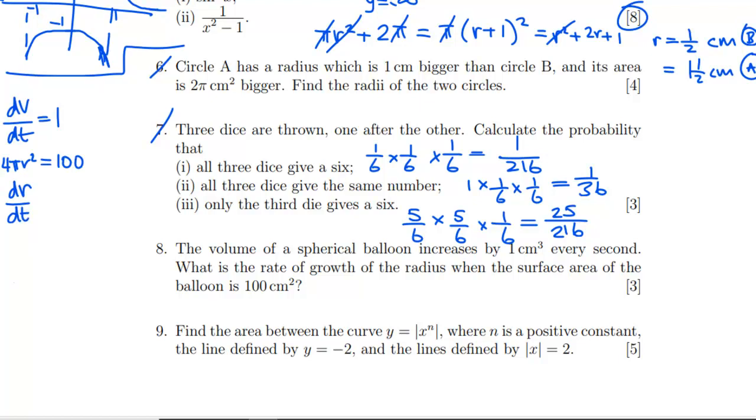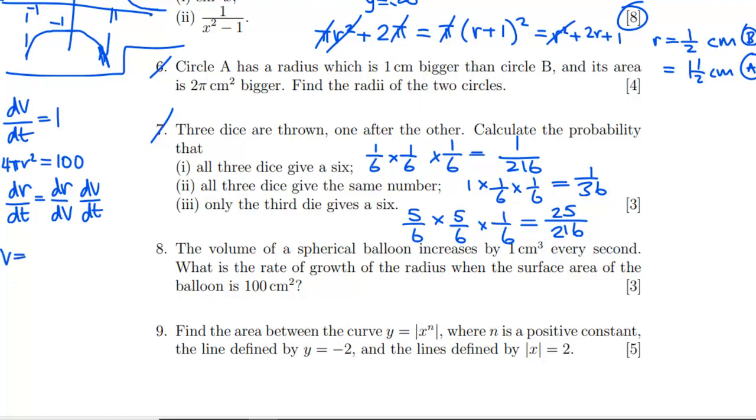So how are we going to get all of that? Right, so dr/dt is equal to dr/dV times dV/dt. So that's fine, which is, well, dV/dt we know is 1. So we want a relationship between volume and radius.